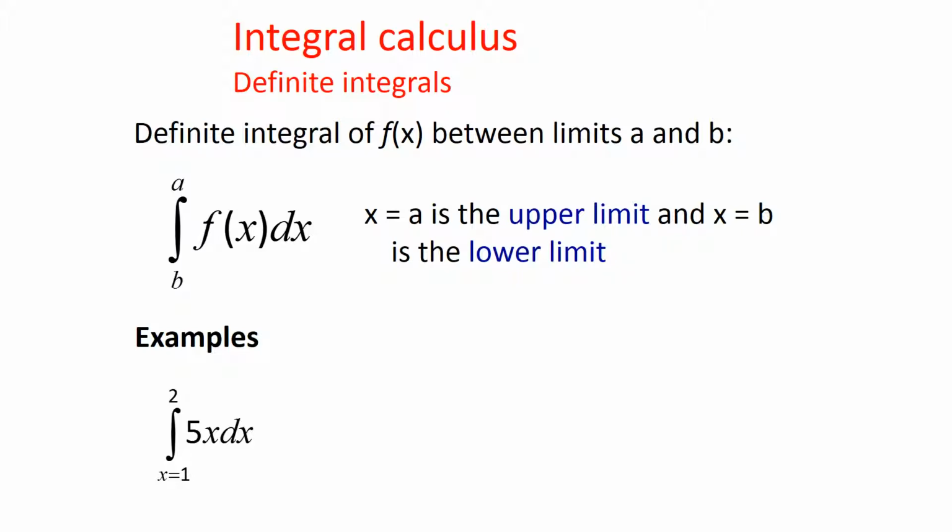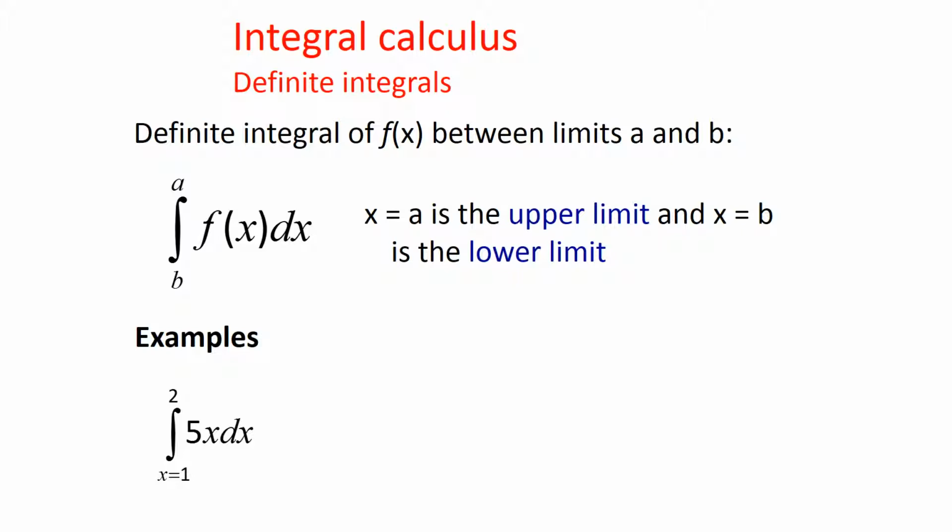Okay, we can plug the numbers into this. If we put 1 in here, 5 times 1 squared is going to be 5, so it's going to be 5 over 2. And for 2, it's going to be 5 times 2 squared, so that's 5 times 4 is 20, divided by 2, so it's going to be 10.